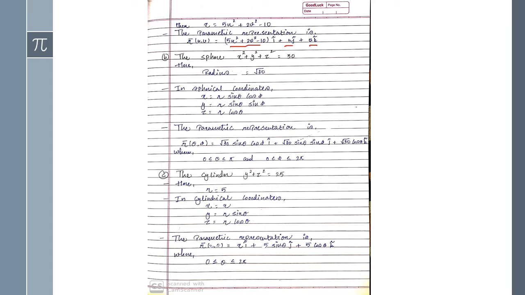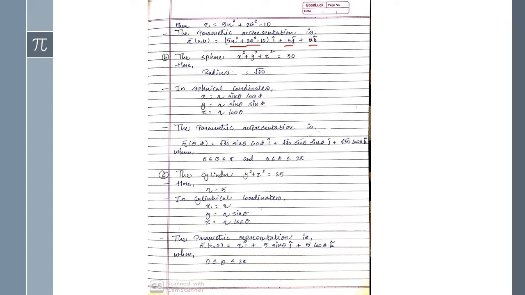Now this sphere, x square plus y square plus z square equals 30. We know the spherical coordinates; we already studied them in our previous session. So here the radius will be root 30, and we know the spherical coordinates are x equals r sin theta cos phi, y equals r sin theta sin phi, and z equals r cos theta.